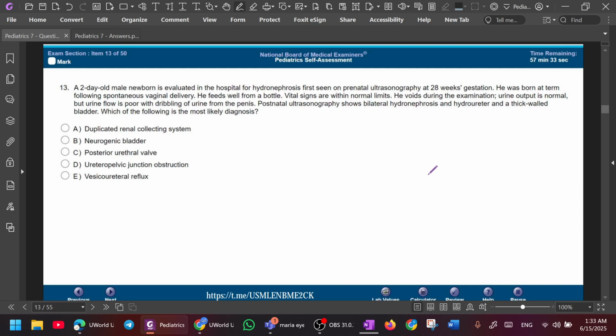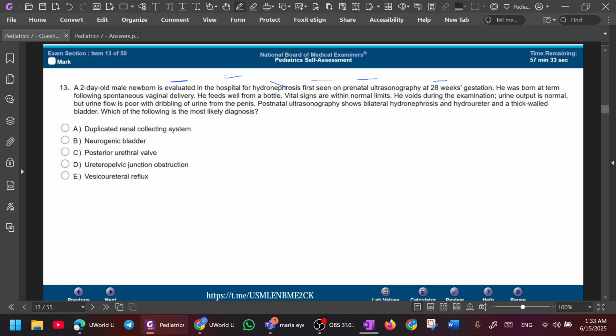A two-day-old male newborn is evaluated in the hospital for hydronephrosis, first seen on prenatal ultrasonography at 28 weeks of gestation. He was born at term following spontaneous vaginal delivery.